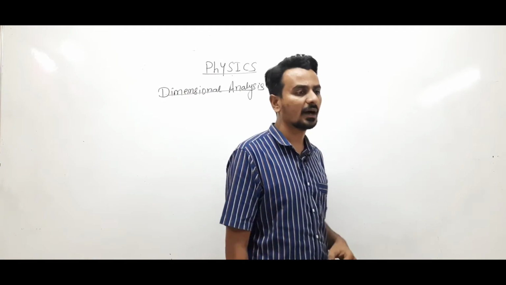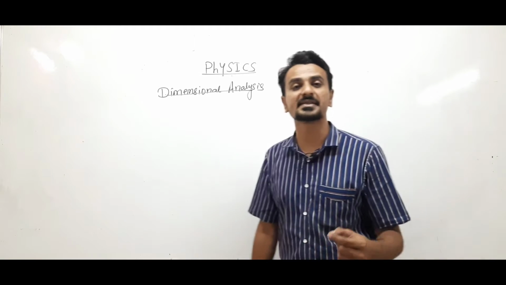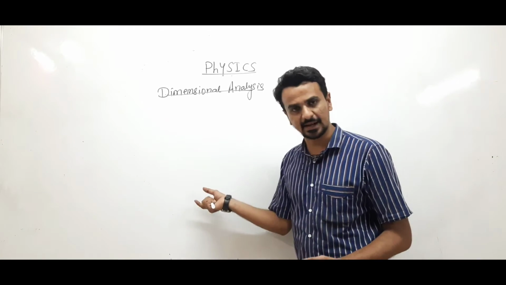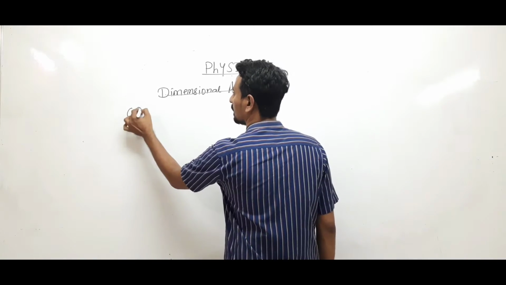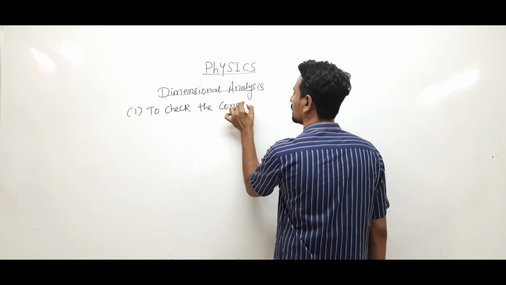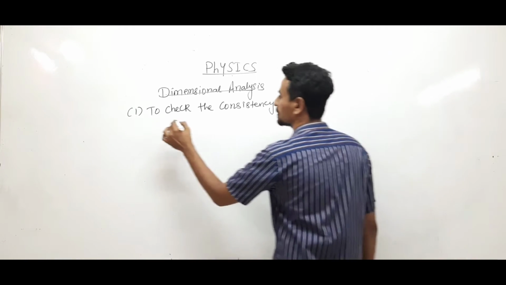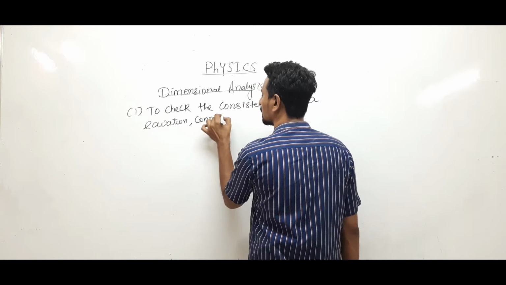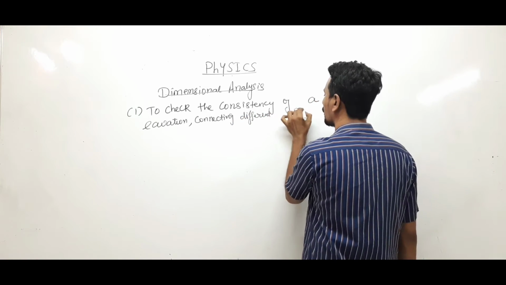So we'll first understand application 1, which is to check the consistency of an equation, by taking one or two examples. Then we'll understand the second and third applications. Clear? So the first application is to check the consistency of an equation connecting different physical quantities.